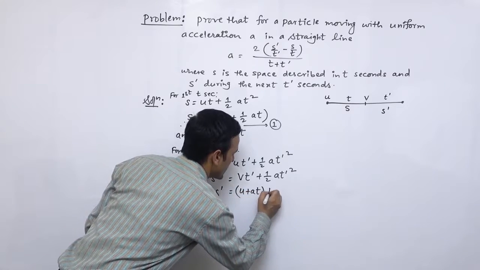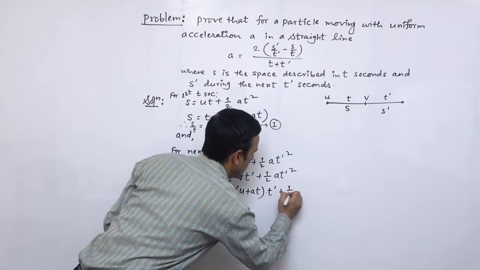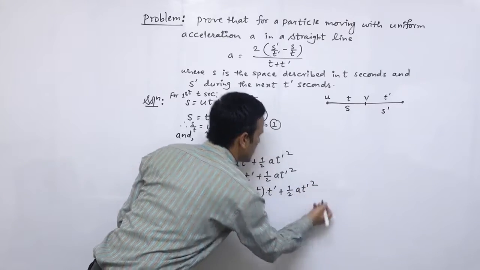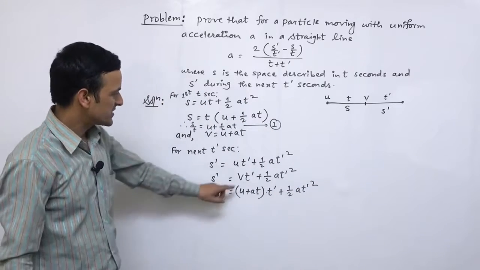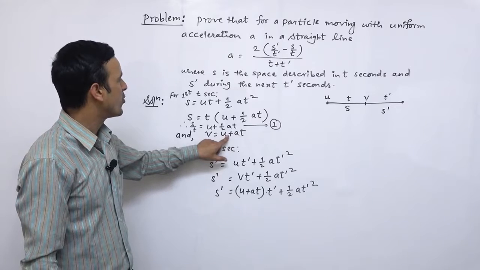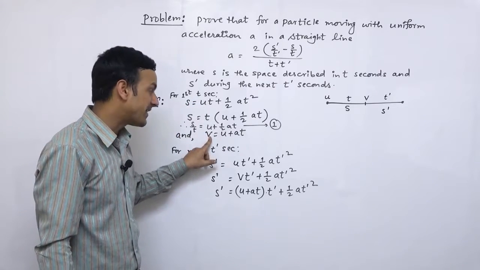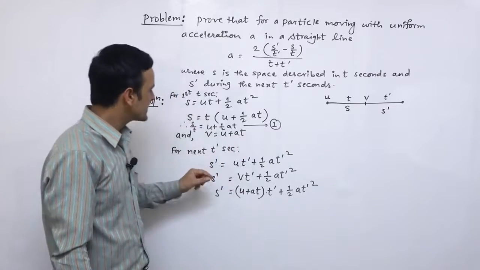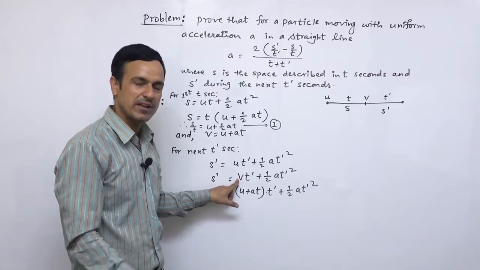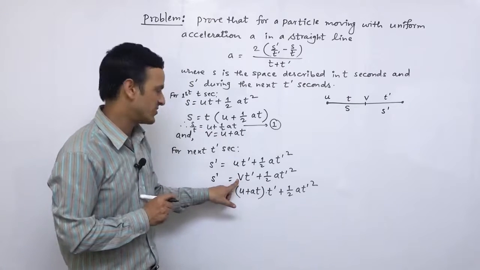So s dash is equal to (u plus at) t dash plus 1 upon 2 a t dash square. From the first t seconds we found the final velocity, and for the second phase this final velocity will be the initial velocity.